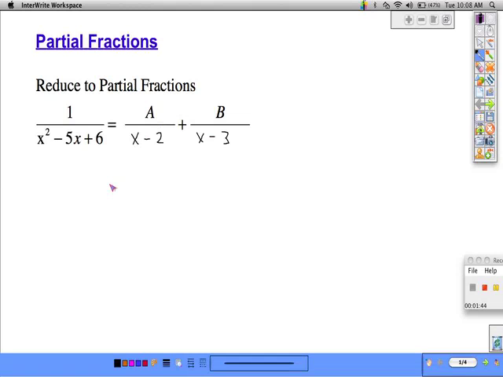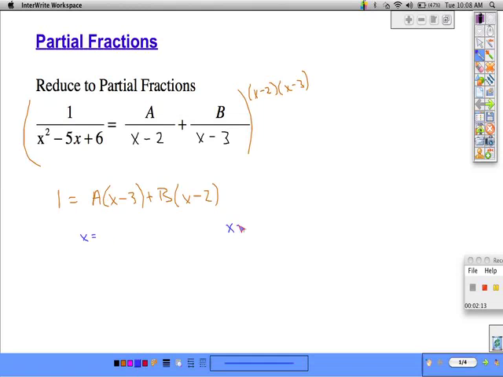And what we do to find these things is multiply by the common denominator. And what that will leave us with is 1 equals a times x minus 3 plus b times x minus 2. To find a and b, we're going to pick two values of x, because this is always true for all values of x, but I'm going to pick two special ones.